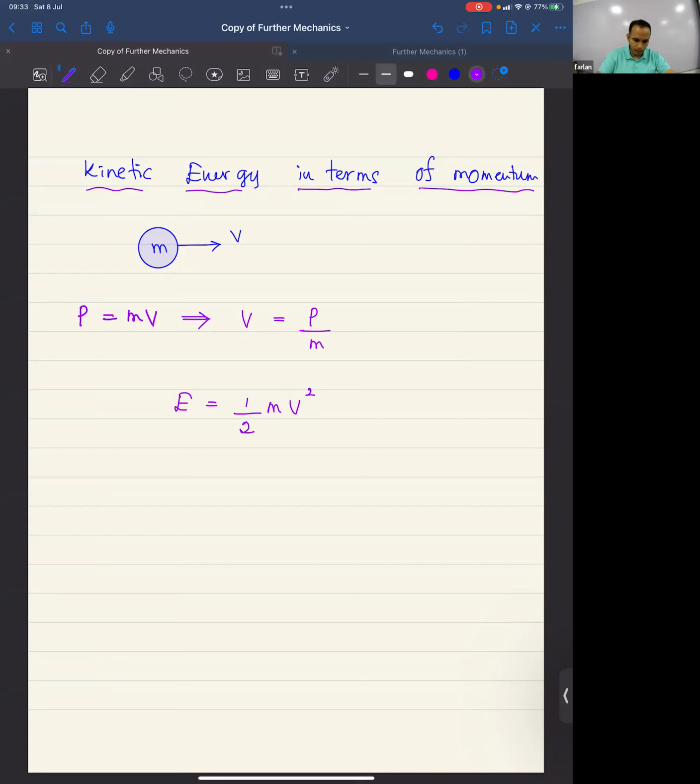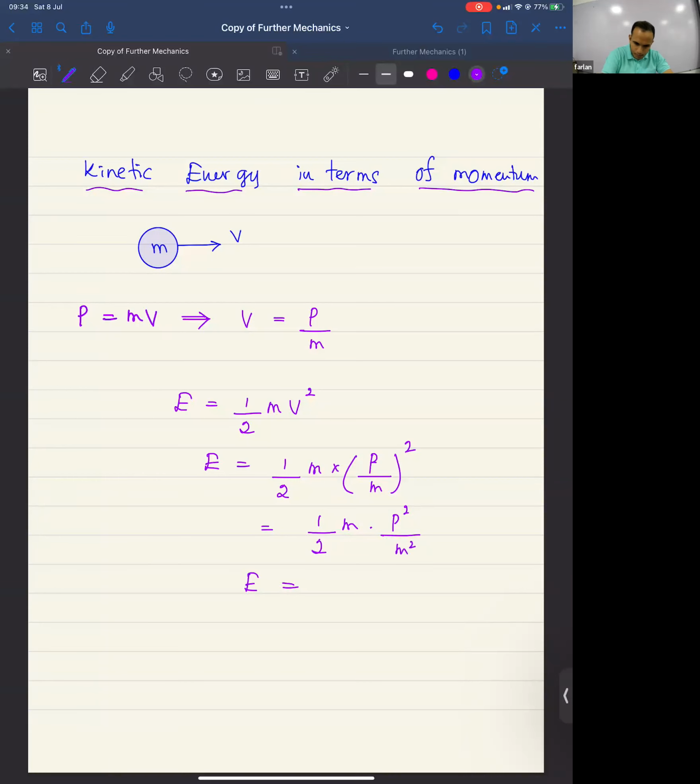Substituting into E equals half m, the v I will replace with P over m, squared. Taking off the brackets, half m, P squared over m squared.